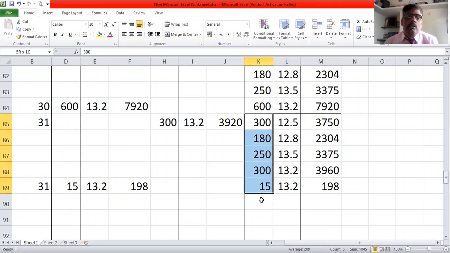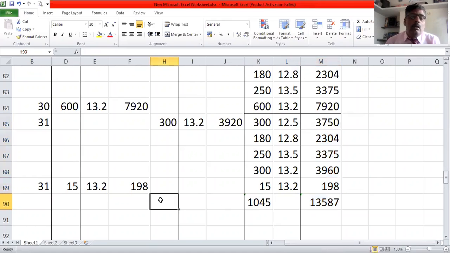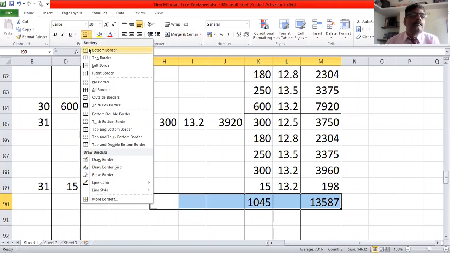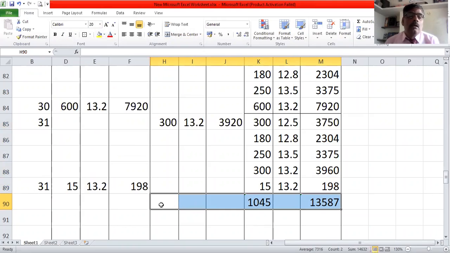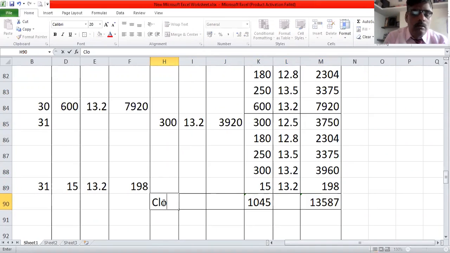And lastly, you take the total. Total quantity is 1045. Total amount is 13,587. This is called closing stock.